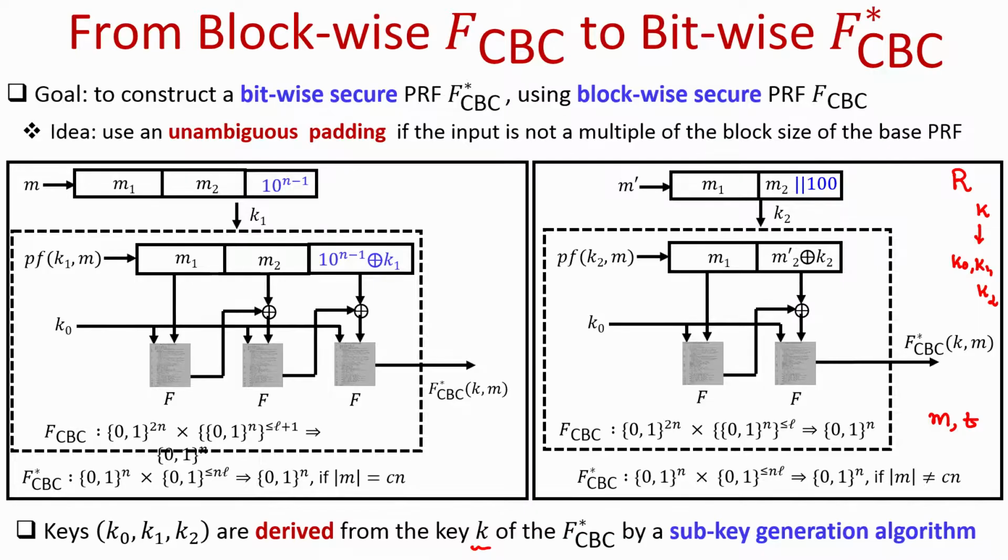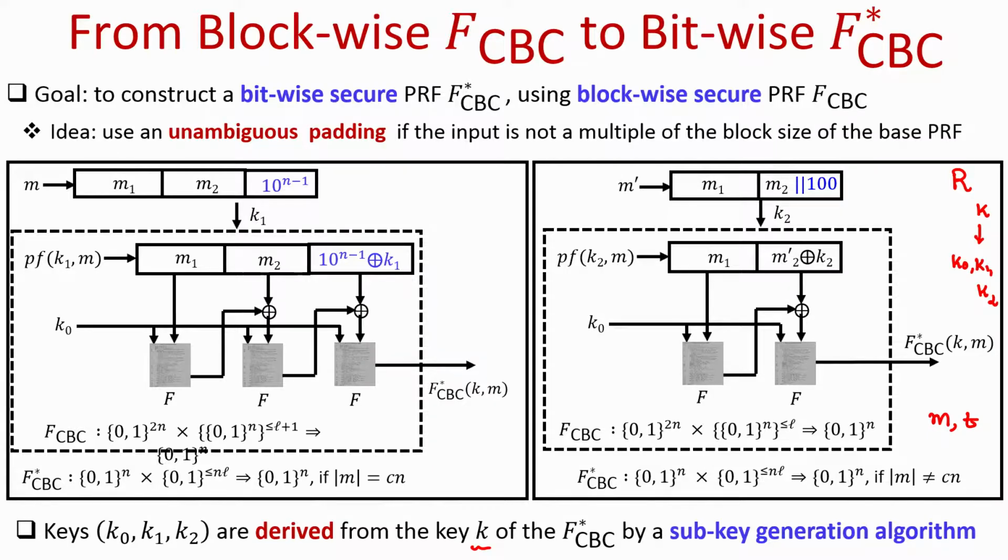As soon as it encounters the first one, it knows that that is the padding which has been done, and it can remove and throw off the padding, and that can tell the receiver whether it should operate as per case 1 or as per case 2.